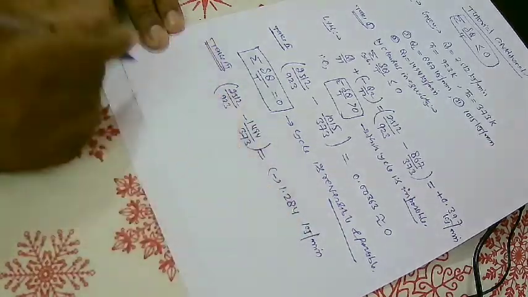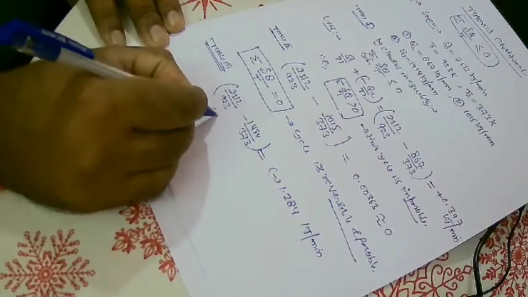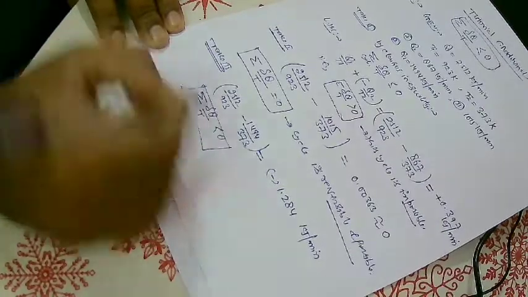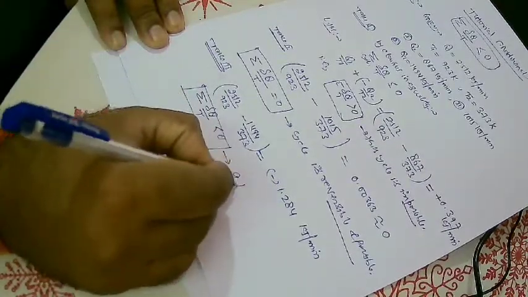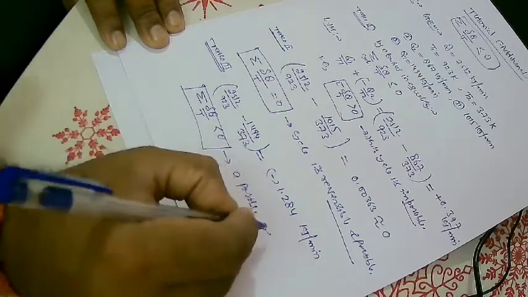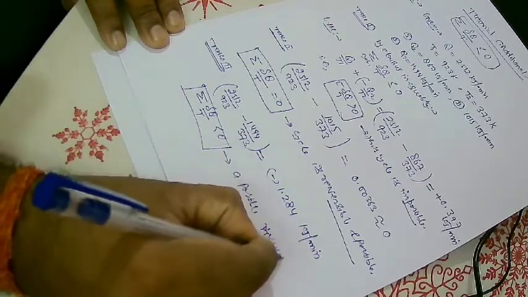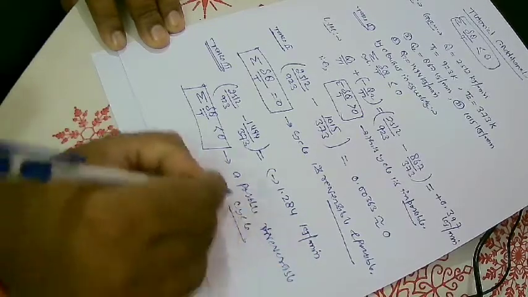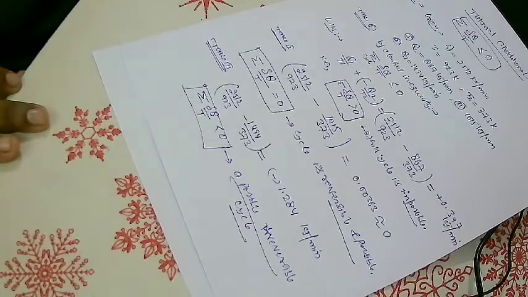What does it mean? This means the algebraic summation of δQ by T is less than 0. So this is the case of a possible irreversible cycle. So third case is a possible irreversible cycle.